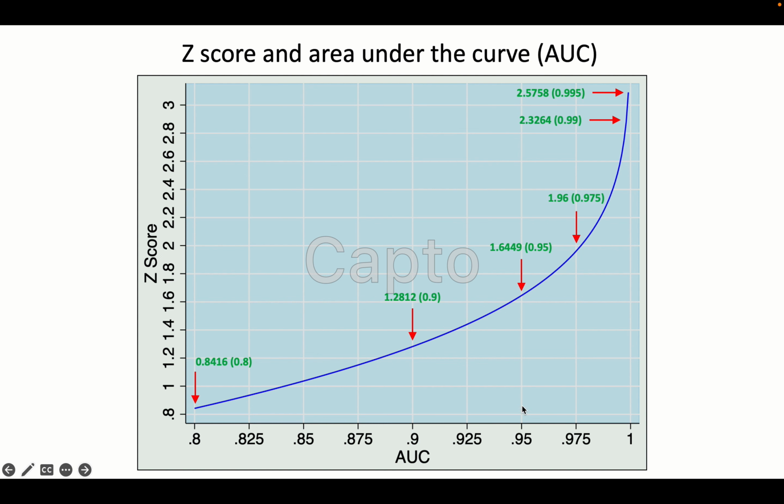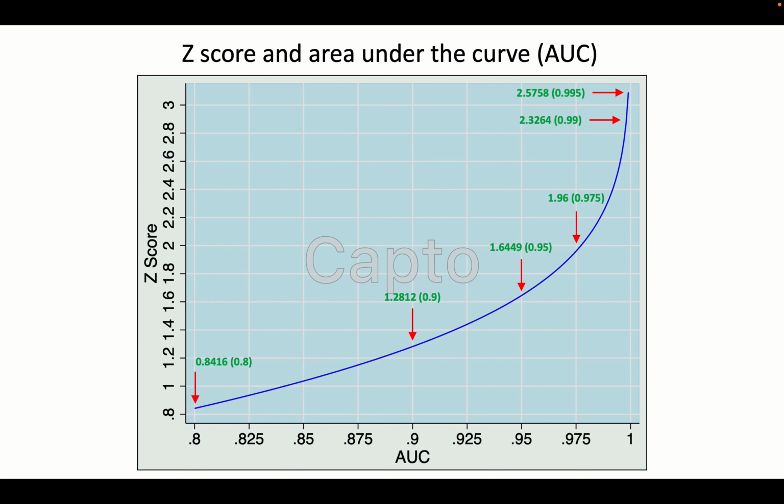And then for 95%, you have 1.645. For 97.5%, you have 1.96, and so on. We will need to use these numbers in order to calculate the actual sample size. And this is what I meant in the beginning of my presentation by the Z-score for alpha and beta, right?